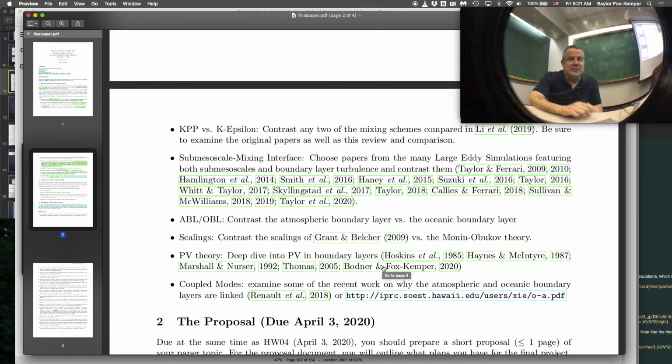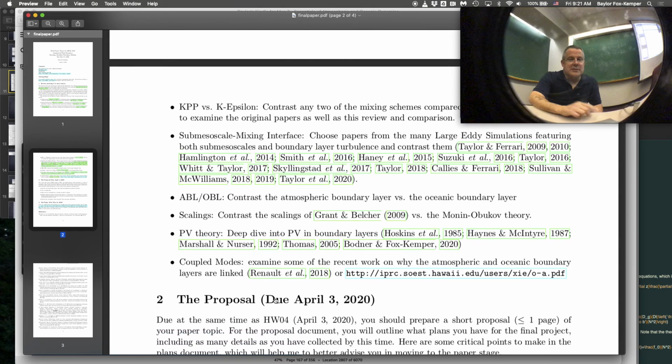If you wanted to think a little more about PV and how it works in boundary layers, that would be nice. I'm sure Abby would appreciate getting feedback on her paper as well. We just got the reviews last night, so that's very cutting edge in that sense.